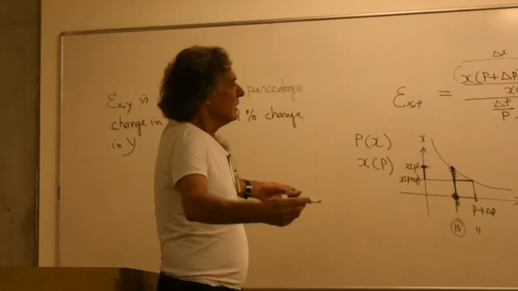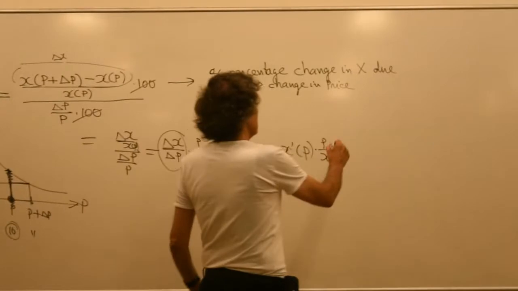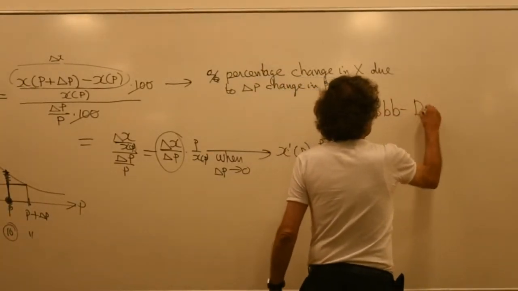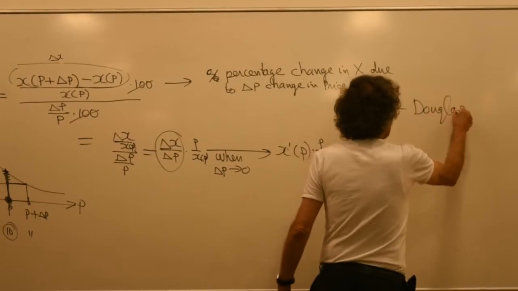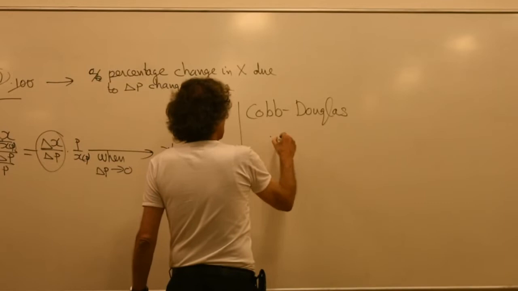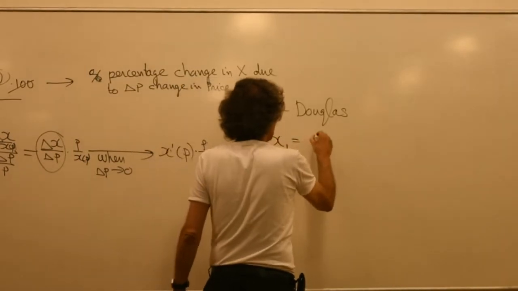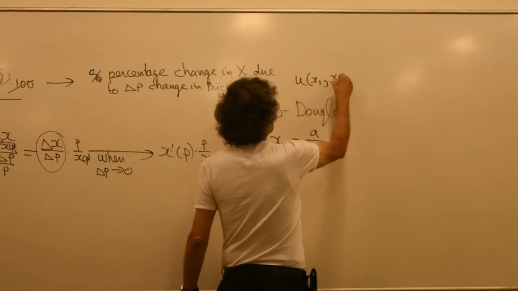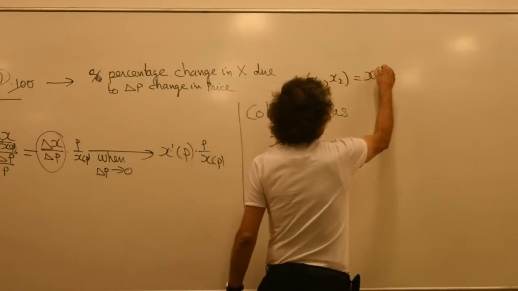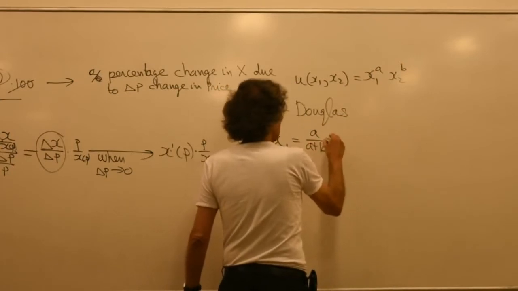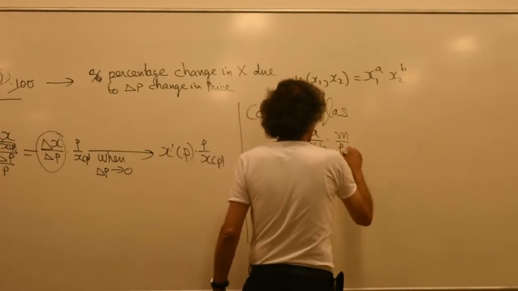In the case of Cobb-Douglas, for instance, where I have that x1 is, with utility of x1, x2 equal to x1 to the a, x2 to the b, it was a over a plus b, m over p1.